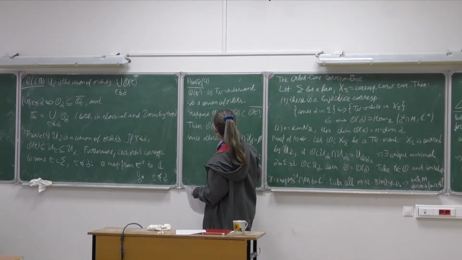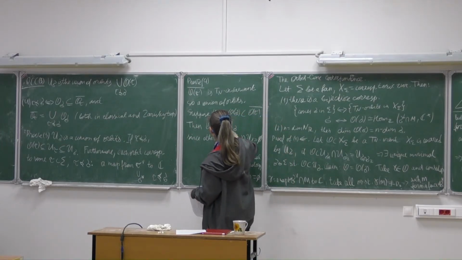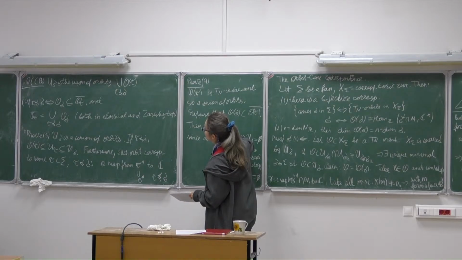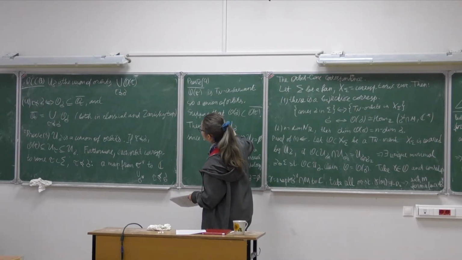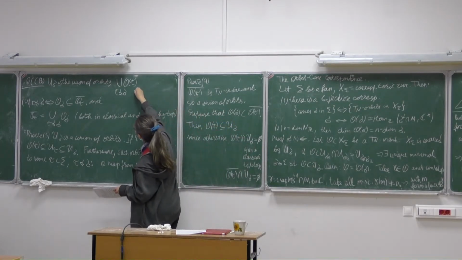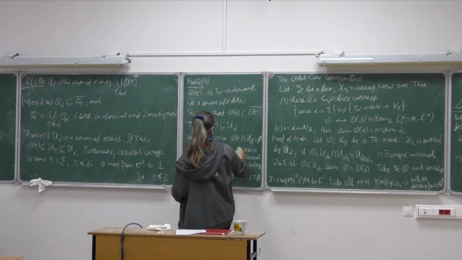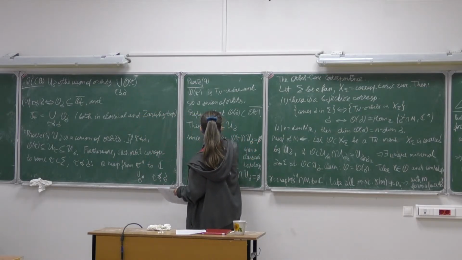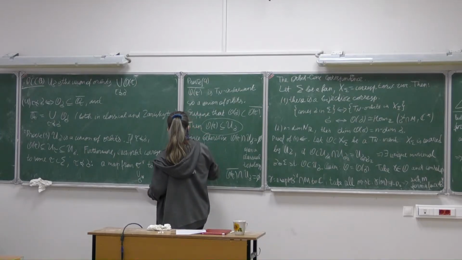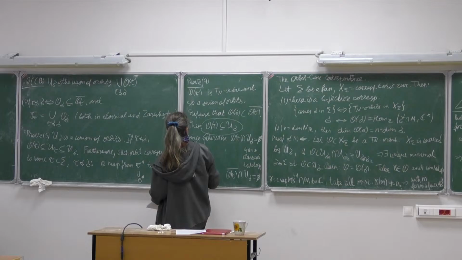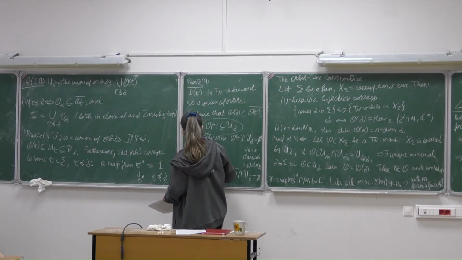So if this is true, then by 3, tau is a face of sigma.